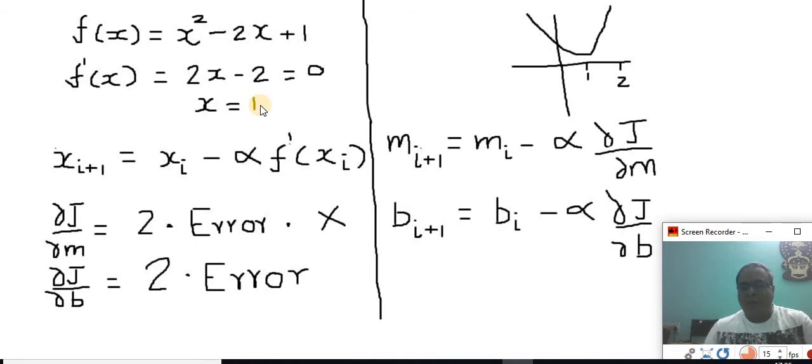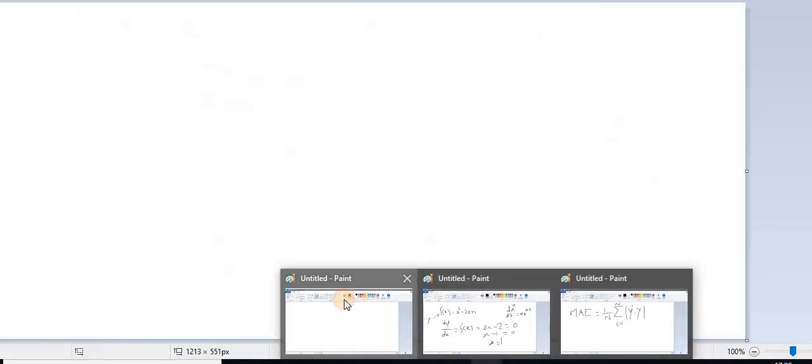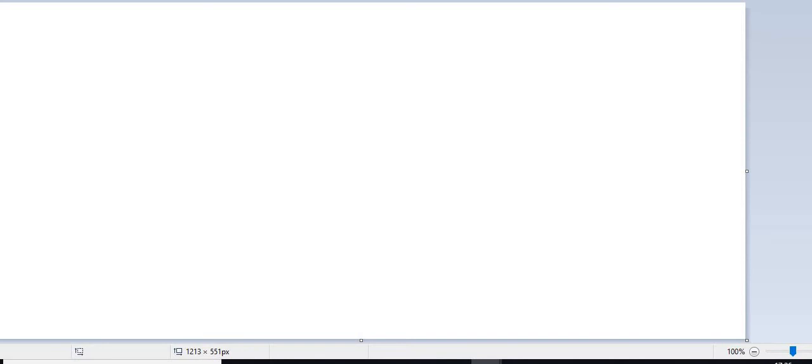So what we do here is we will take a wrong value. We will assume, let x is equal to 2 is the minimum.